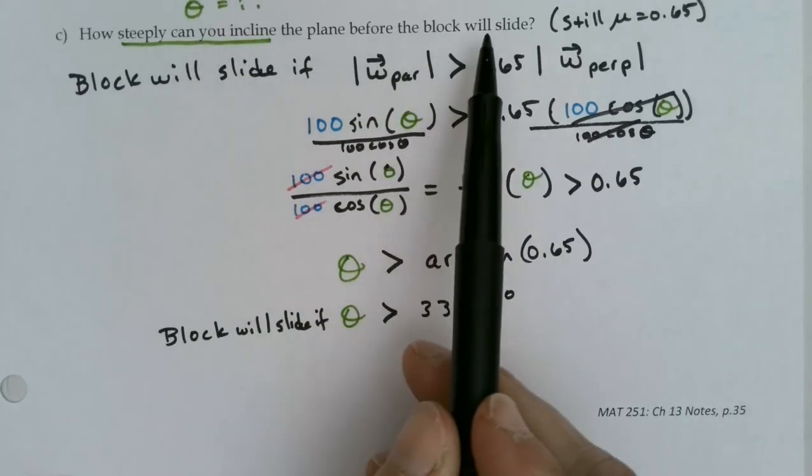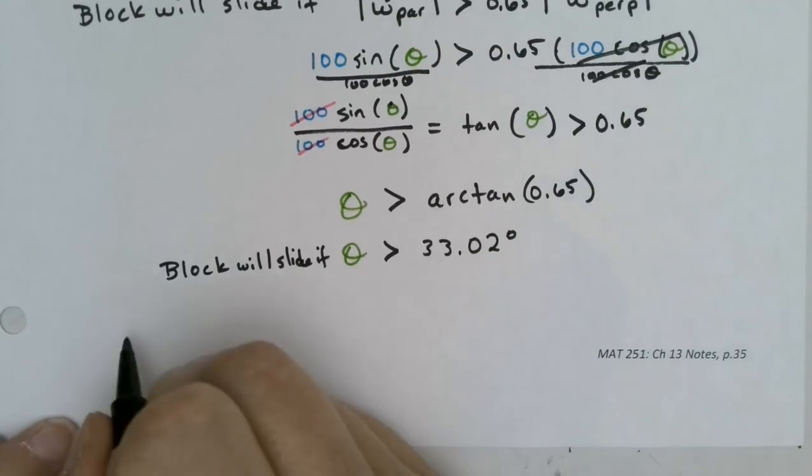So how steeply can you incline the plane before the block will slide?